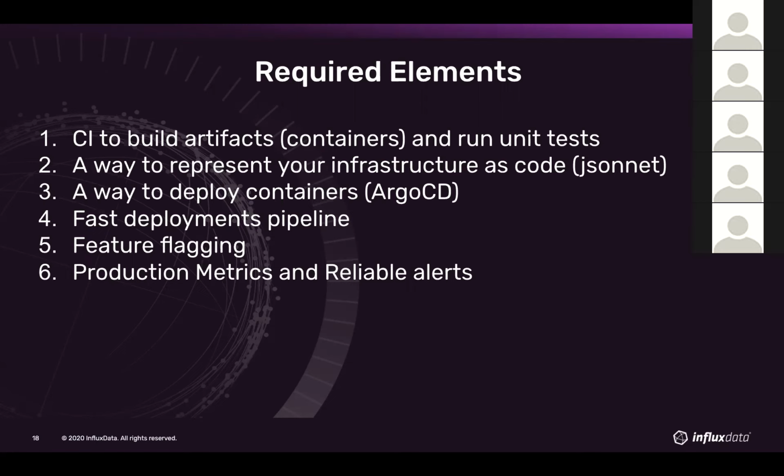We just chose Argo CD because we prefer to work with other open source projects, and we'd rather contribute fixes or features upstream than end up with our own bespoke Kubernetes tooling, to the degree that we can avoid it. You need a fast deployment pipeline. We thought we were fast, but in practice we're finding now that we're not fast enough.